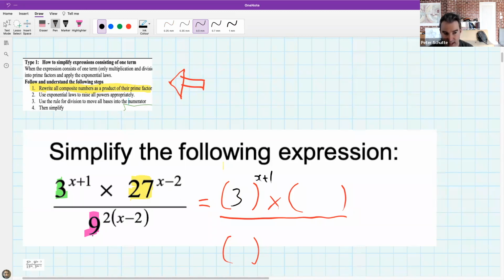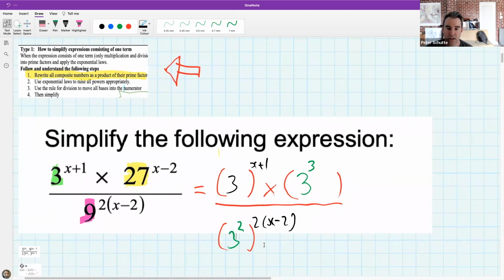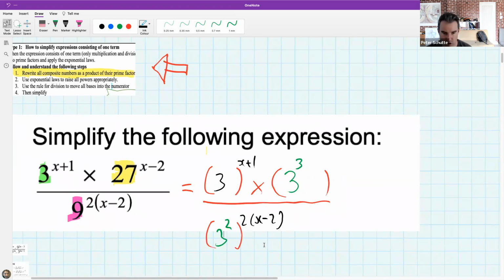But 27 and 9, I think you can do something about. I'm going to suggest 27 can be written as 3 times 3 times 3, or 3 cubed. And 9 can be written as 3 squared. Okay, but now there's still more to go on the journey. So let's keep swimming and see where we get. Okay, sir.